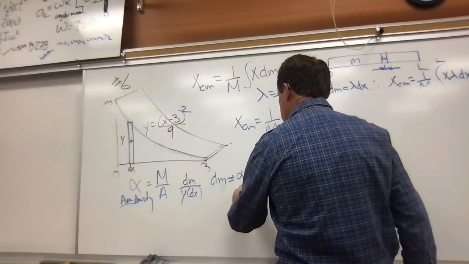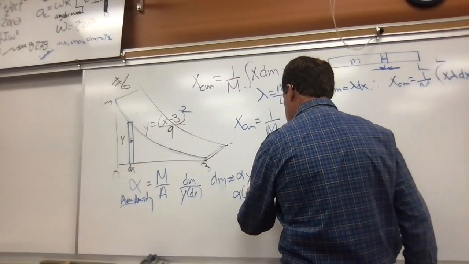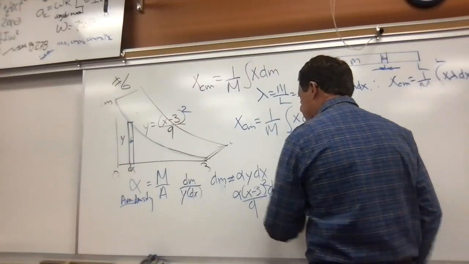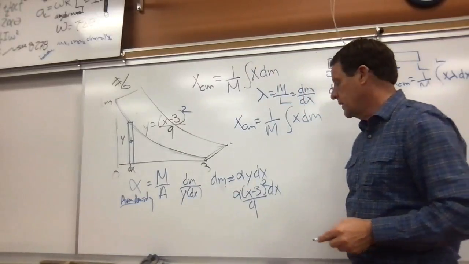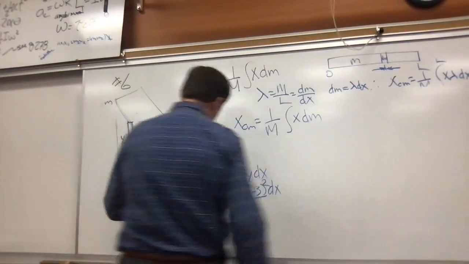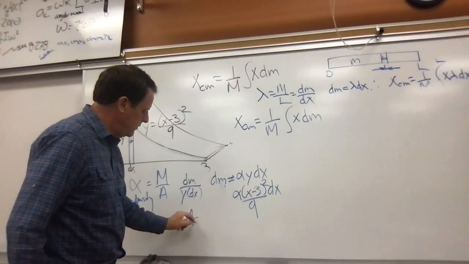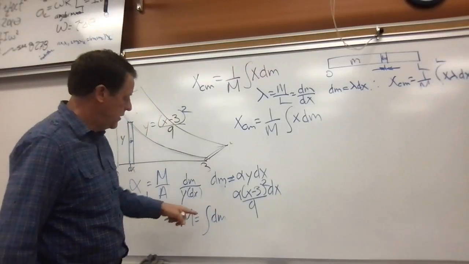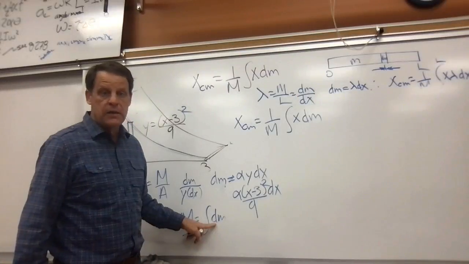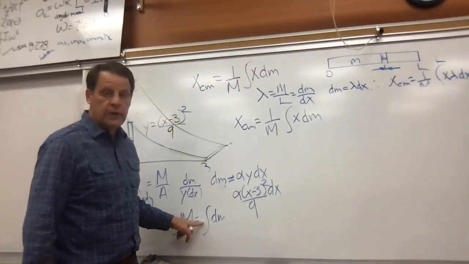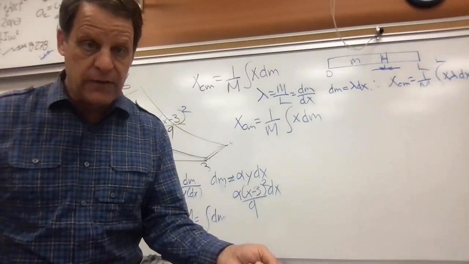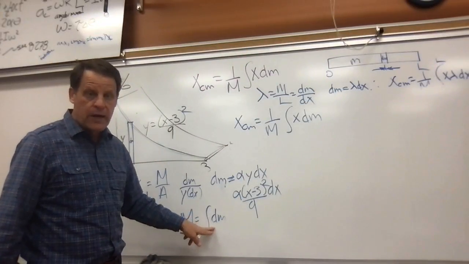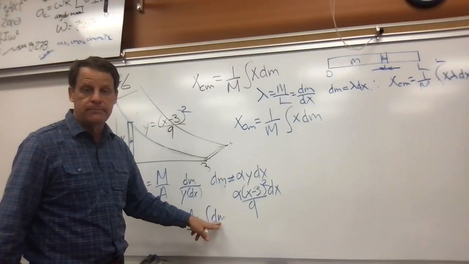So alpha times the quantity (x minus 3) squared over 9 dx is equal to our dm. And we know that mass is equal to the integral of dm. So dm is the differential, and this integration sign is anti-differentiation. So if we take the anti-differential of the differential, we just have the mass.